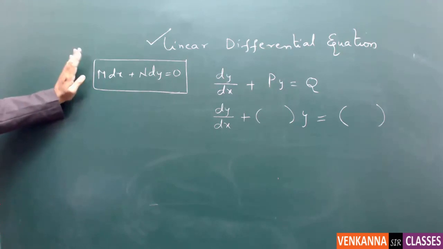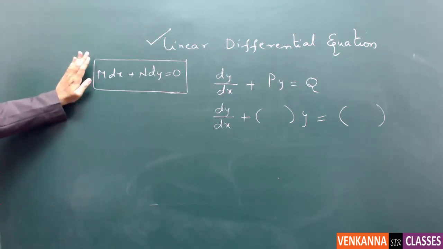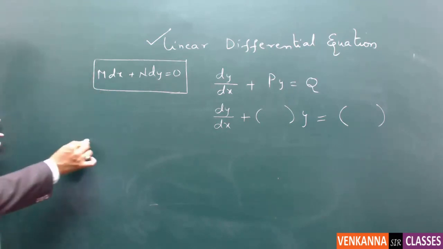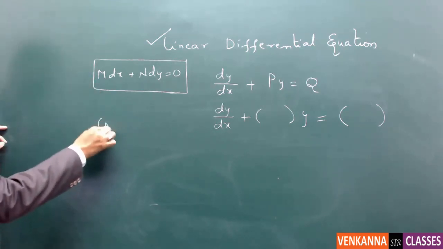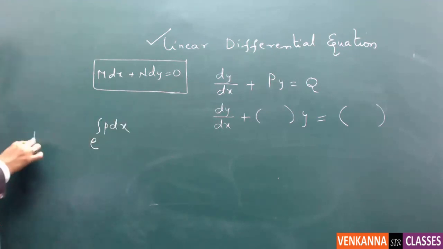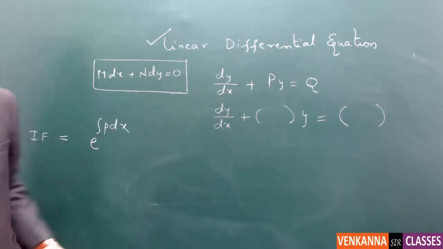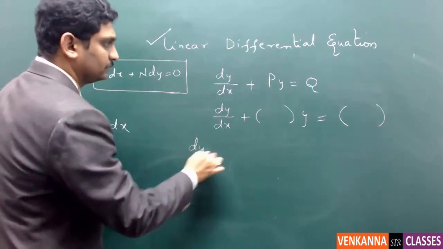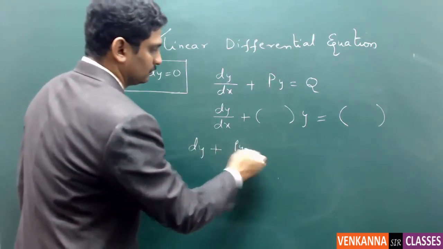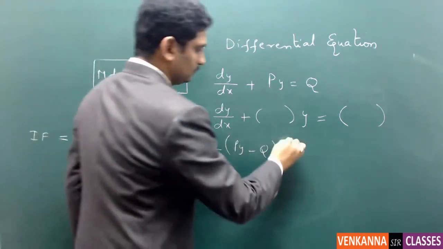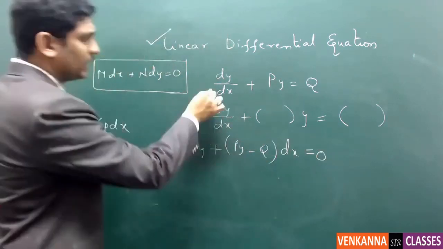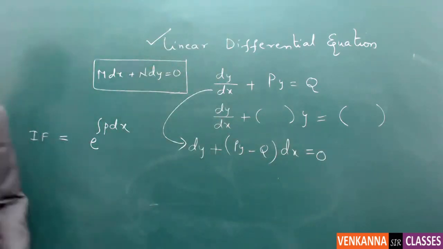and it is a non-exact differential equation. If you want to solve the equation, we are going to find the integrating factor. Here the integrating factor is given by e power integral p dx for the given equation. We are going to represent it in this manner. Accepted?